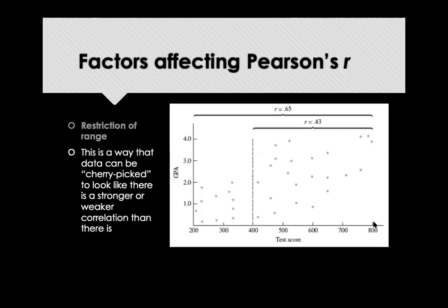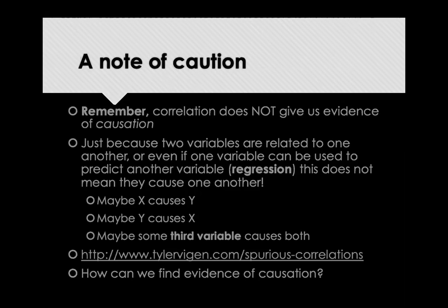You will learn a little bit about that in research methods, which is another class that hopefully most of you will be taking or have in the future. And evidence of causation requires experimental manipulation and all sorts of other things.